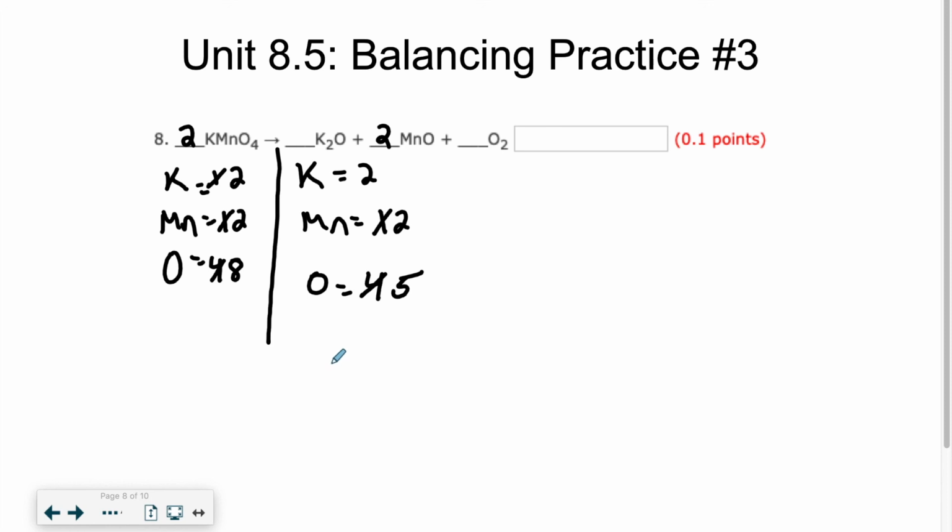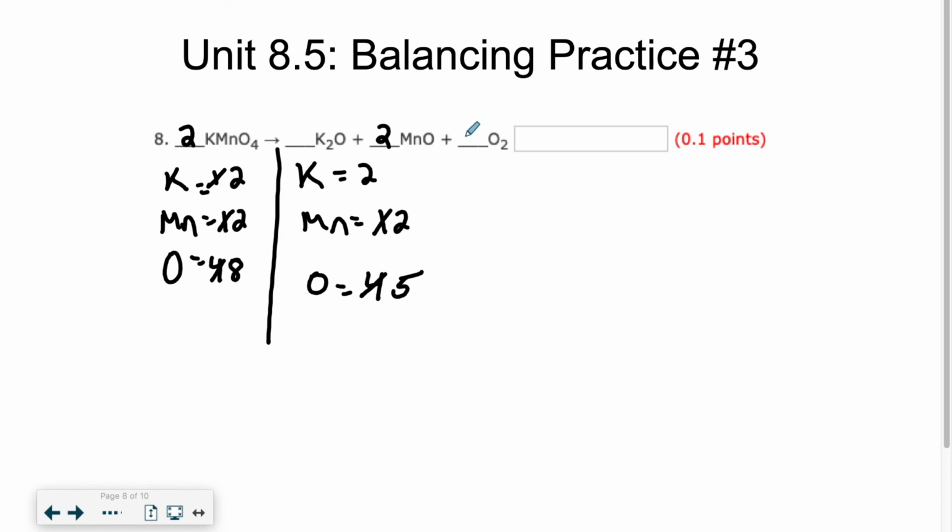Now, currently, this is where you might end up getting stuck. It's really not possible to end up multiplying this to make it an 8. We need to change one of our numbers in order to make this happen, and the easiest way of doing that is by putting a 0.5 in front of this oxygen, which is currently by itself.